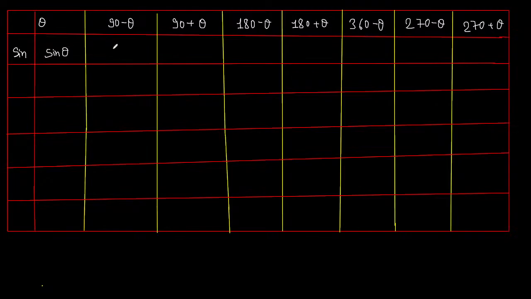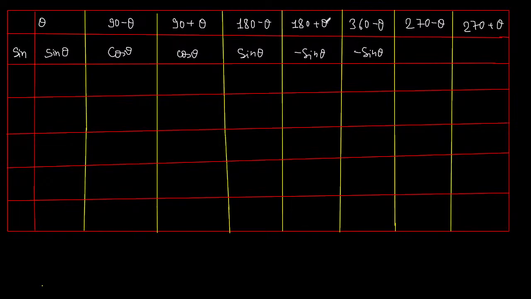Sine 90 minus theta is cos theta. Sine 90 plus theta is cos theta. Sine 180 minus theta is sine theta. Sine 180 plus theta is minus sine theta. Sine 360 minus theta is minus sine theta. 270 minus theta, we can consider as 180 plus 90 minus theta.